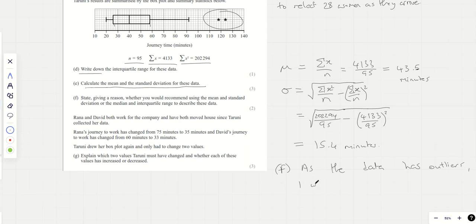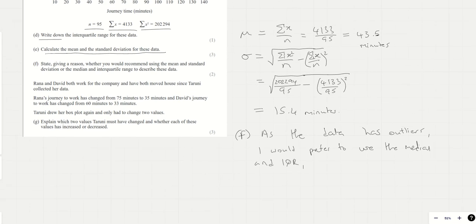I would prefer to use the median and IQR, since the mean and standard deviation are more easily swayed by outliers. That's the key thing here. That's what they're looking for.